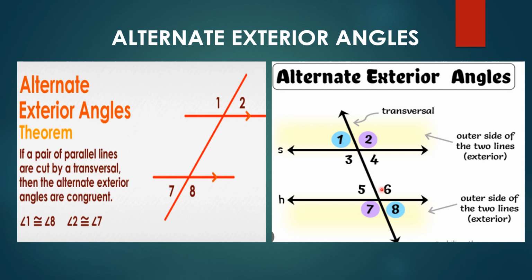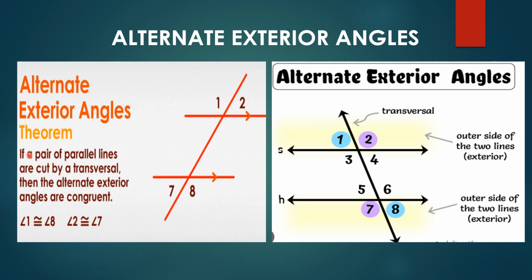So they are alternate exterior angles which are on opposite sides of the transversal. And angle 2 is equal to angle 7. This is again another pair of alternate exterior angles, as they are on opposite sides of the transversal line.